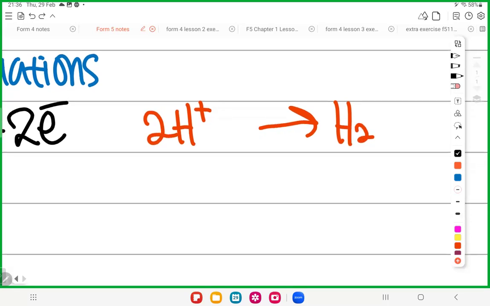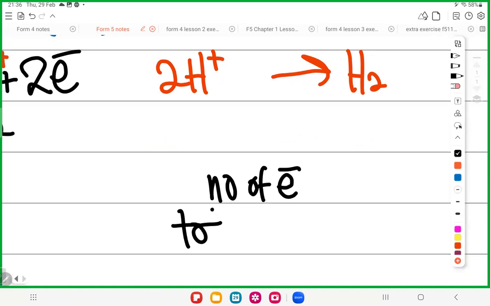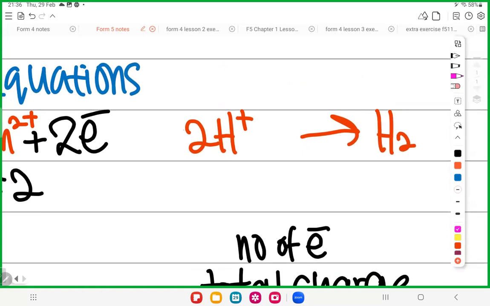Okay, my second question. If I want to know the number of electrons I need, I need to look at the total charge. So you tell me, what is the total charge on the left-hand side? Plus 2. Guys, don't write 2 only, please.